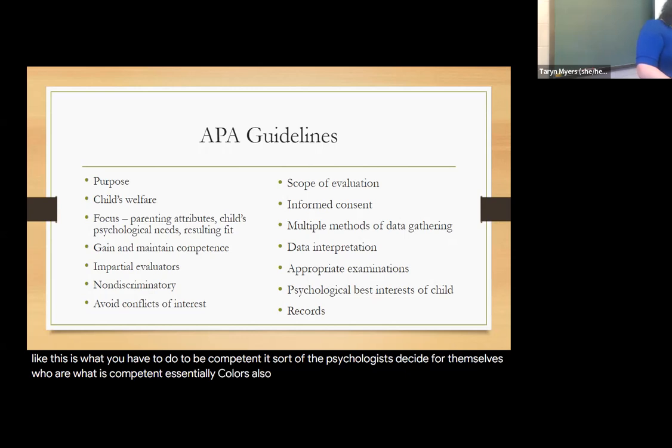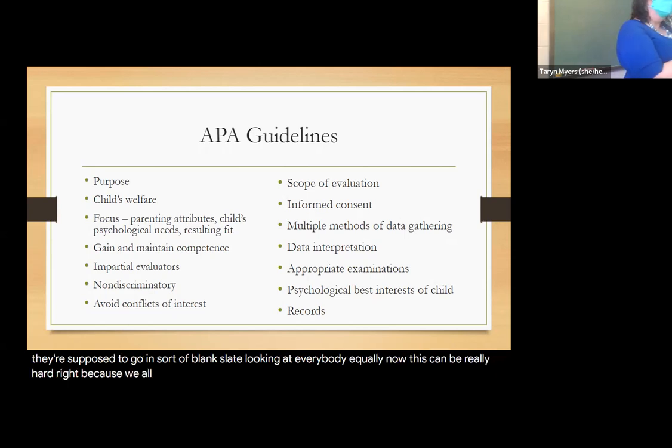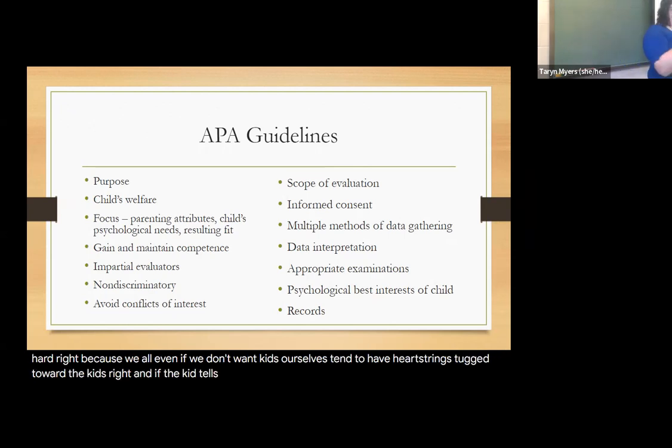Psychologists also strive to function as impartial evaluators. They're supposed to go in sort of blank slate, looking at everybody equally. Now, this can be really hard, right? Because we all, even if we don't want kids ourselves, tend to have heartstrings tugged for the kids, right? And if the kid tells you something about a parent, your gut is to immediately dislike that parent, right?